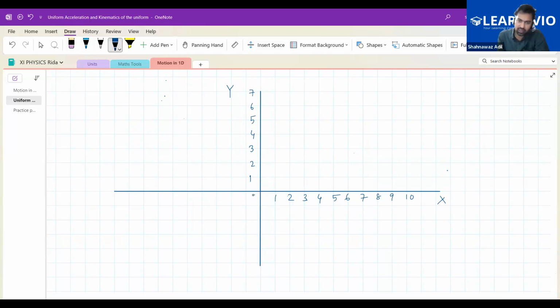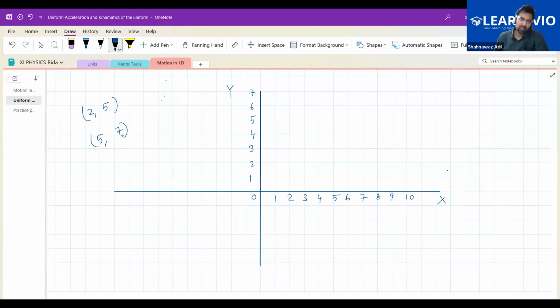Now, let's say that I have 2 points. One is 2 comma 5, and the other is, let's say, 5 comma 7. So these are the 2 points that you have.